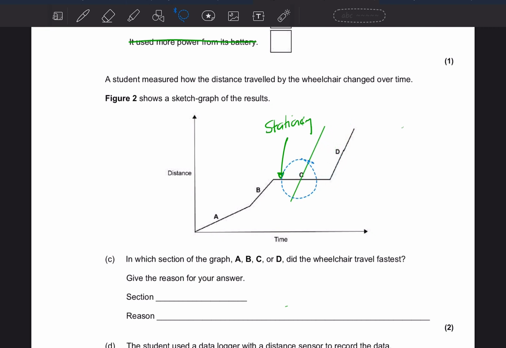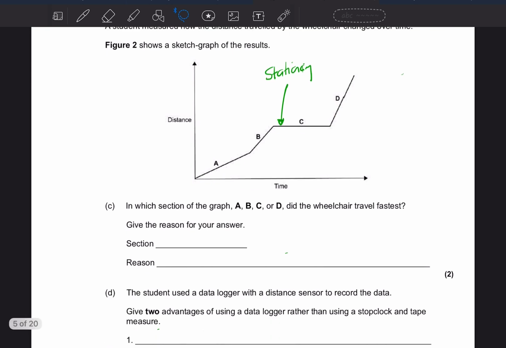So if I move my ruler along D, you can see that actually it's a lot steeper than B. So if we start at the same place, if you had your bike, the line you would want to go up is B, because that would be easier. D, really steep hill, and it's a lot steeper than A. So D is the steepest gradient, therefore it is going to be the fastest speed.